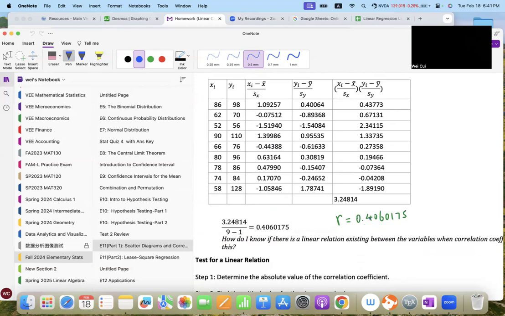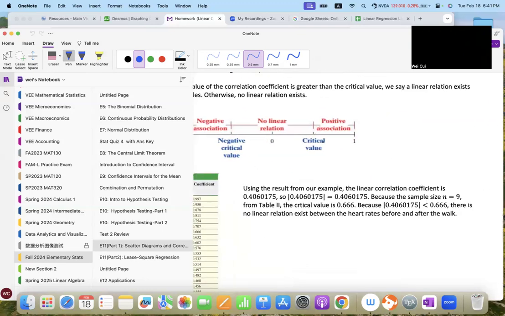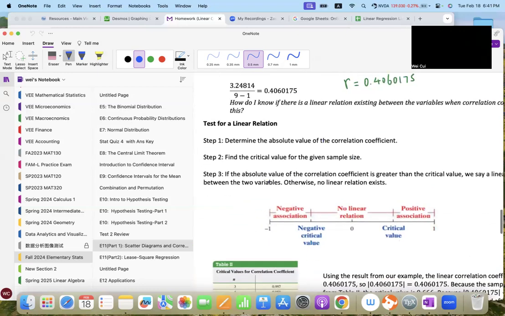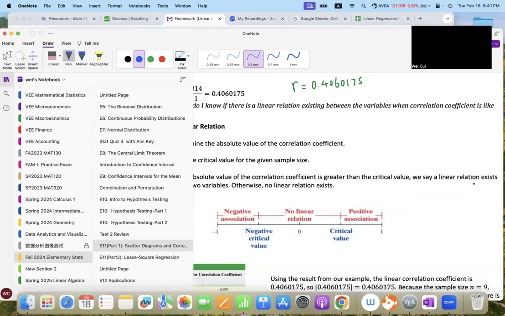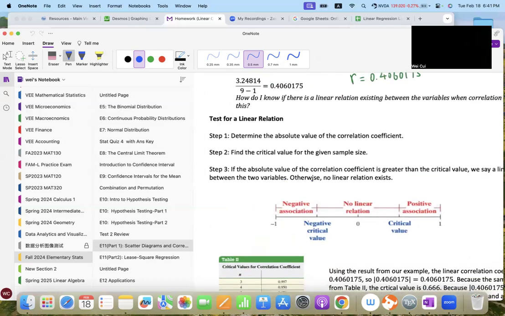We will compare this coefficient with a critical value. If the absolute value of the coefficient is greater than the critical value, then we say a linear relation exists between the two variables.